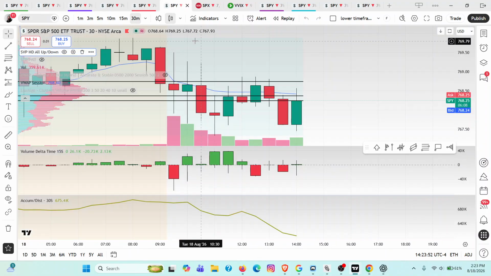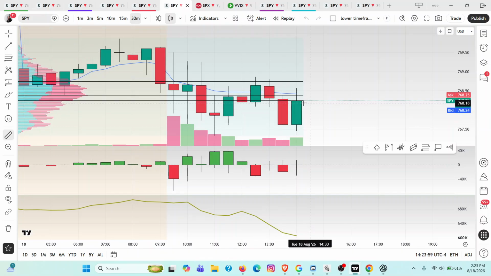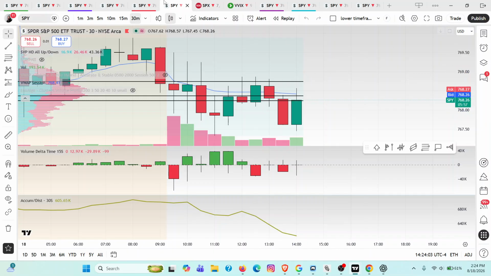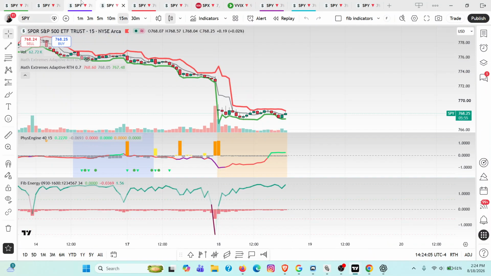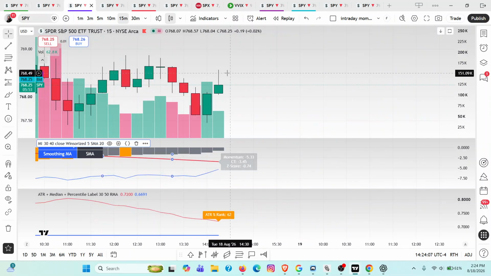Okay, so again, what do we want to look for before going long? I think what we want to look for is a close above this value area high with the momentum flipping positive. Okay, so we're currently not positive right now.